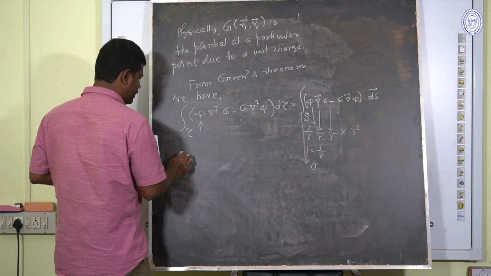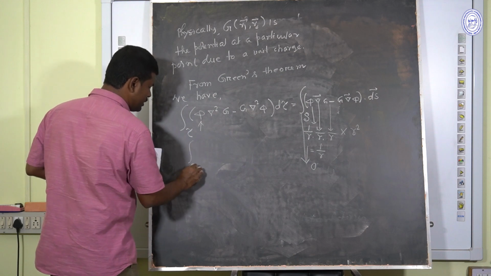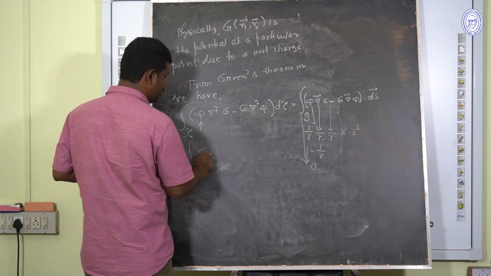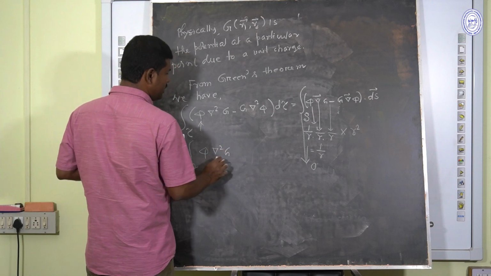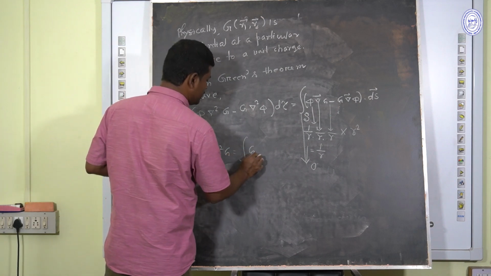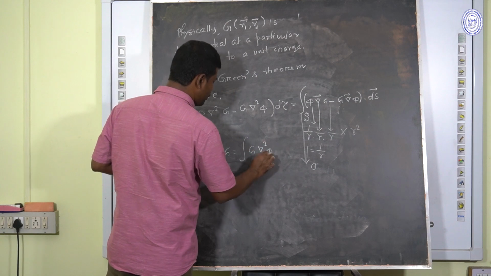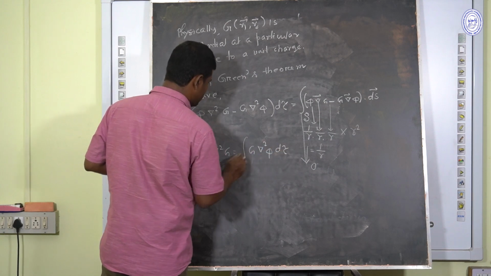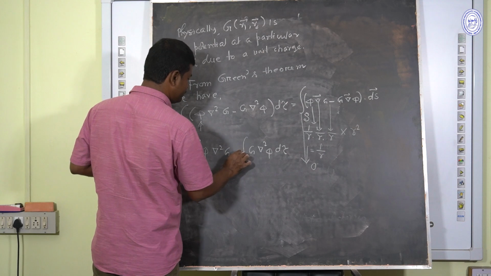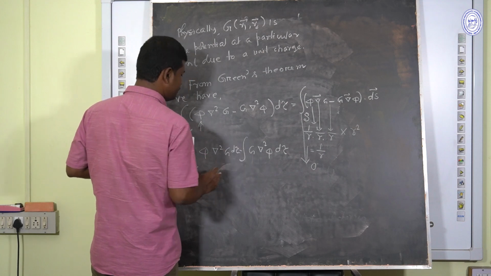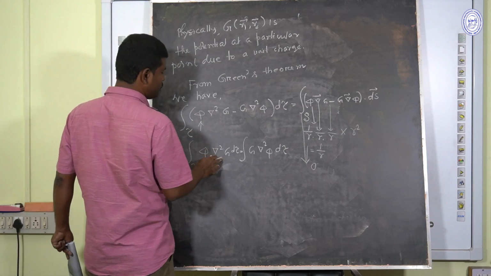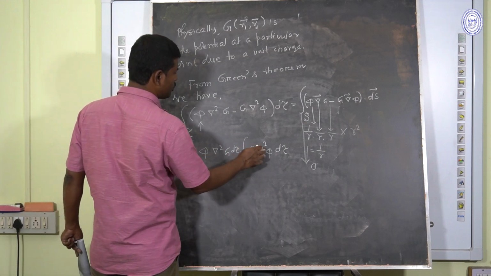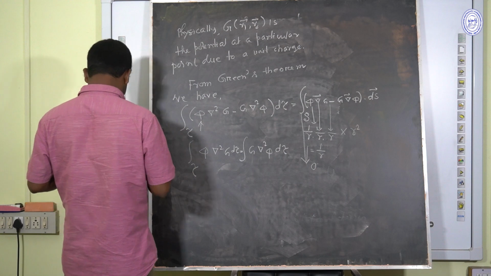So we obtain that the integration over the volume tau of phi Laplacian of G equals the integration of G Laplacian of phi d tau.